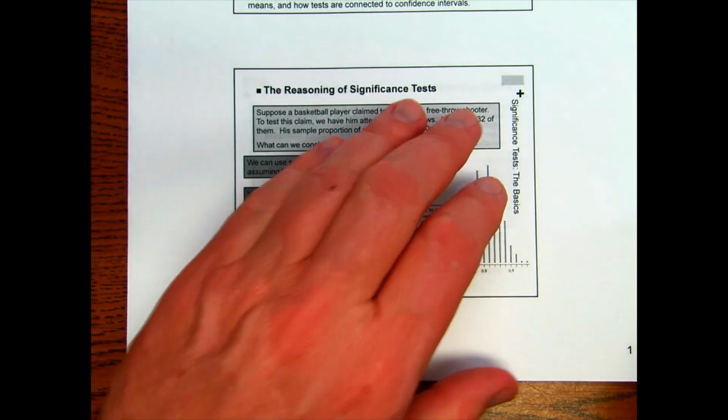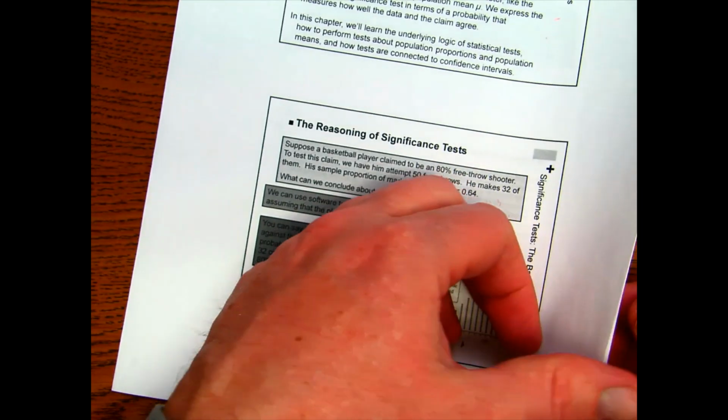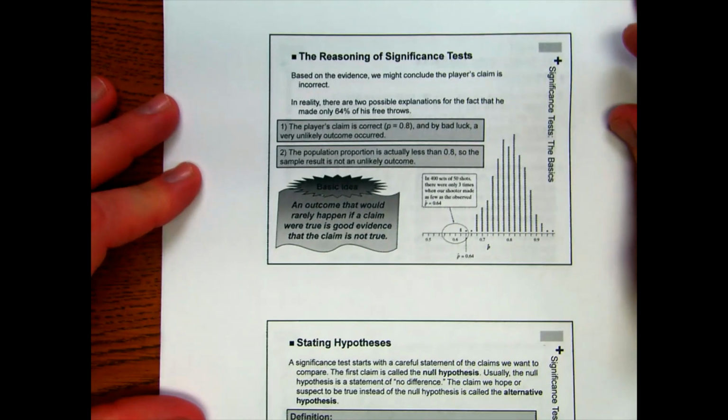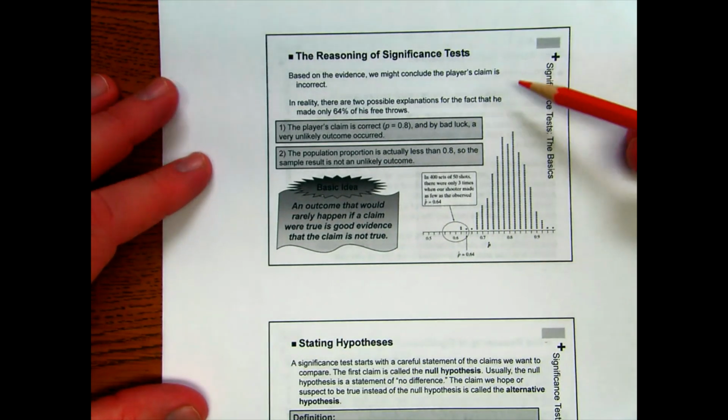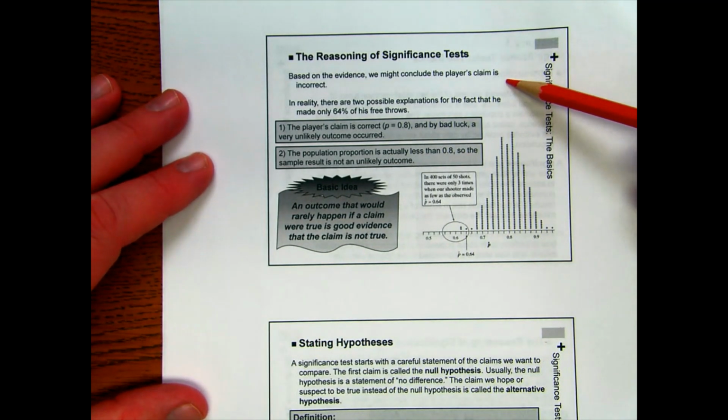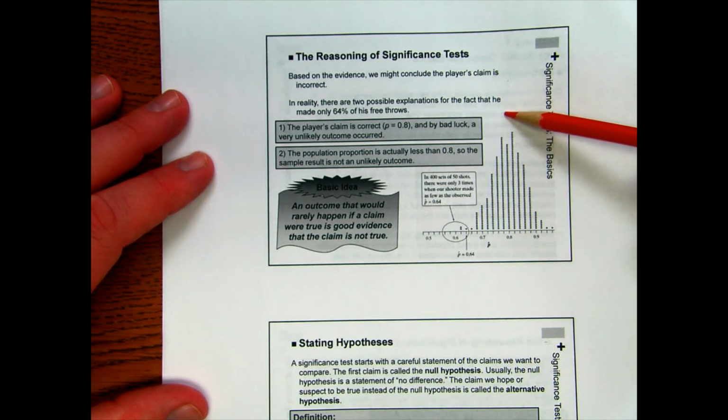So let's flesh out those ideas a little bit more. Based on the evidence, we might conclude that the player's claim is incorrect. In reality, there are 2 possible explanations for the fact he only made 64% of his free throws.